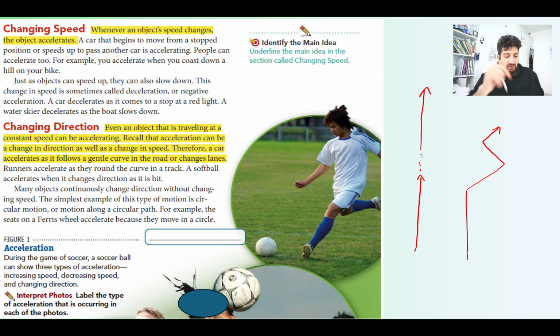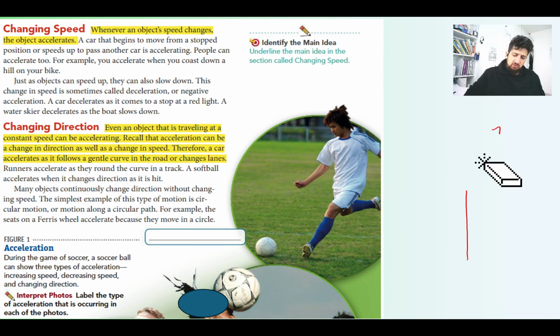Okay. Recall that acceleration can be change in direction as well as change in speed. Therefore, a car accelerates as it follows a gentle curve on the road or changes its lanes. Absolutely. So even if I'm going on the highway and I'm sticking to the road limit, let's say the highway says the speed limit is 120. Okay. And I'm going and I'm sticking to the speed limit.